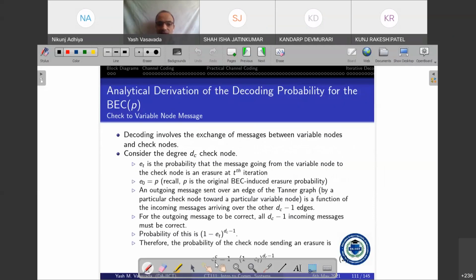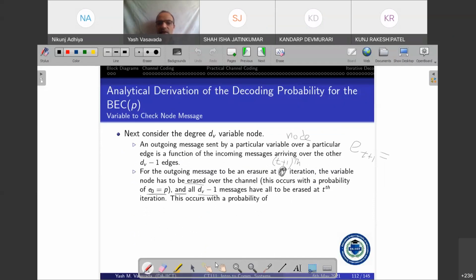It's already derived here. So all you have to do is write an expression e raised to dv minus 1? Yeah, exactly. But in addition, into p, you have to consider this part also. So p into e to the power dv minus 1.